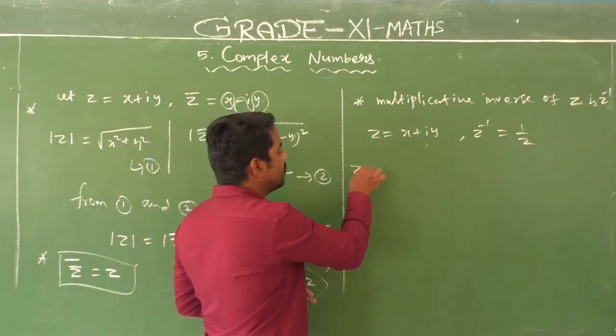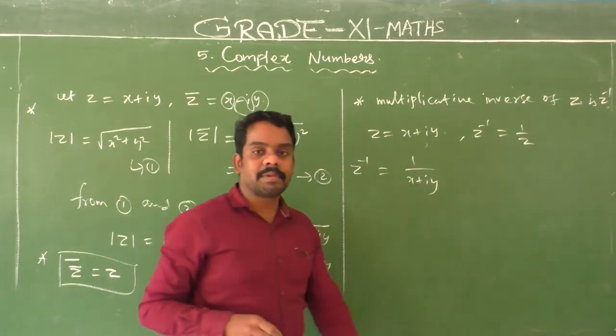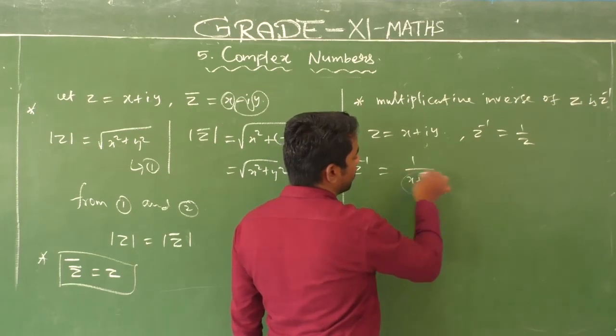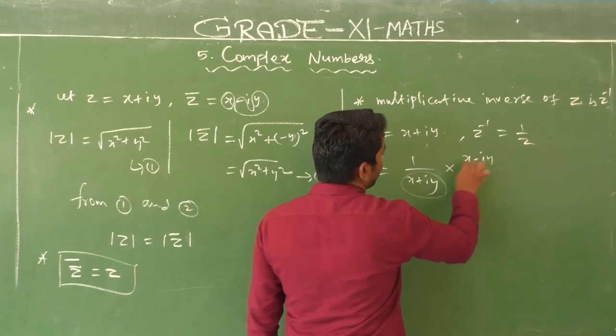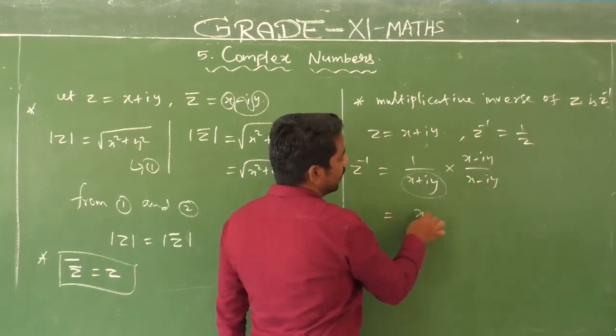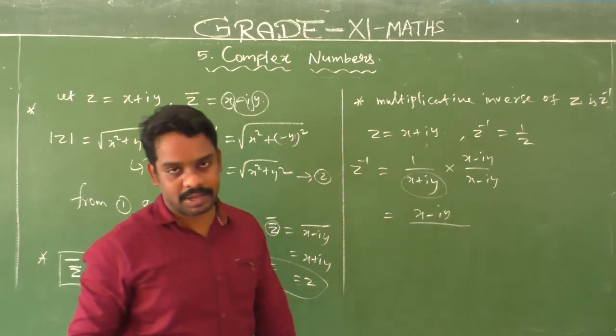So z inverse is equal to 1 by x plus iy. Right. Take the conjugate of the denominator, and multiply both numerator and denominator by x minus iy. So this value is equal to x minus iy divided by x plus iy into x minus iy.